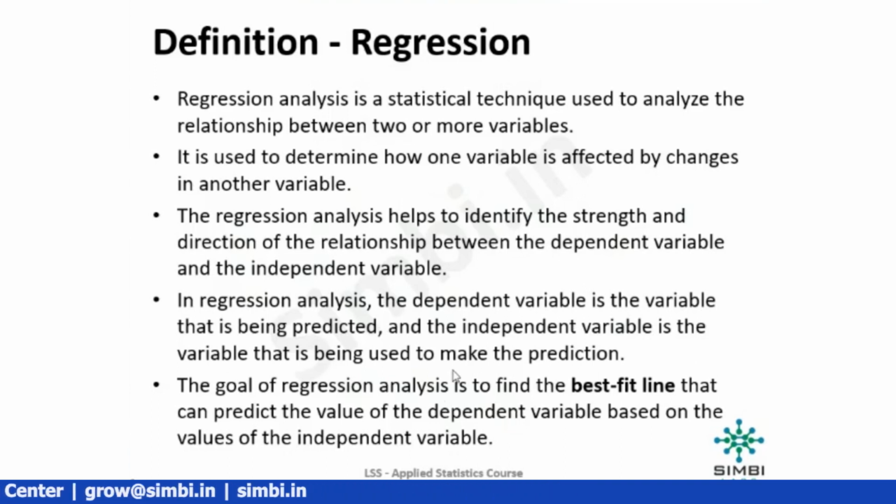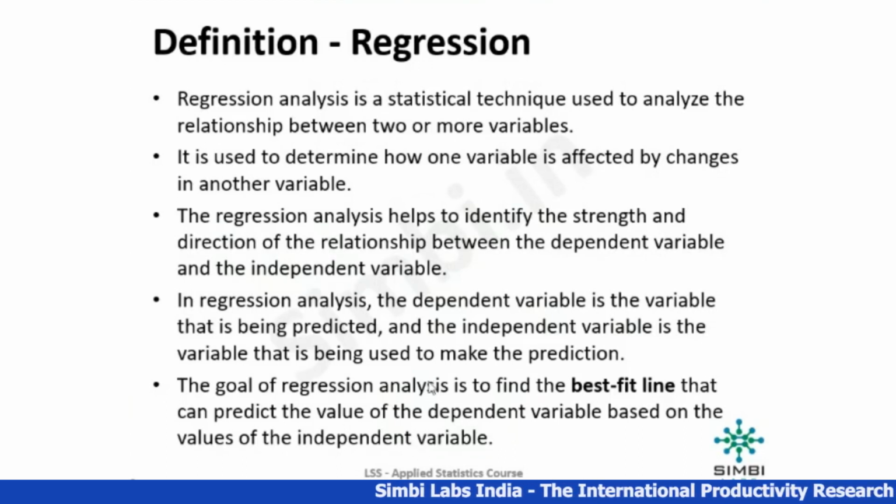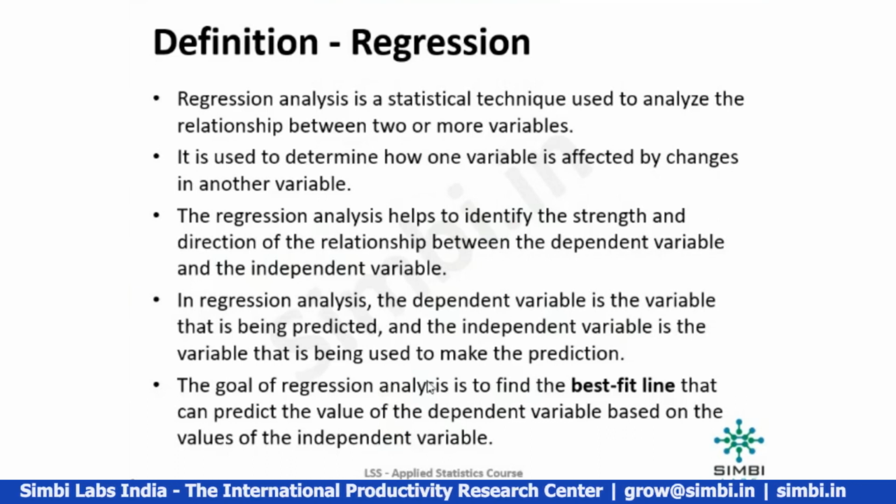There is a relationship between two or more variables, so we can use this to determine how one variable is affected by changes in another variable. For example, the price of a product and the changes in buying behavior of a customer.